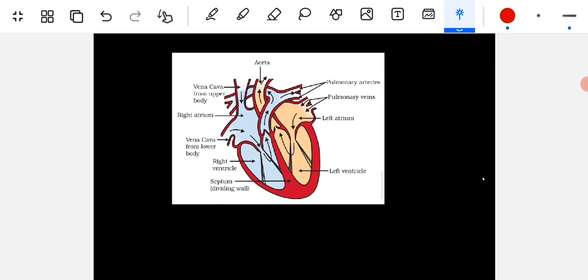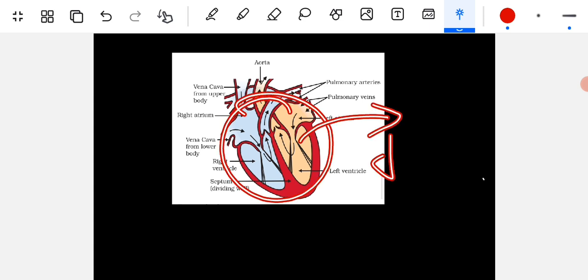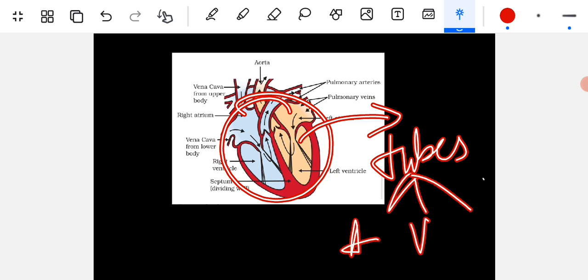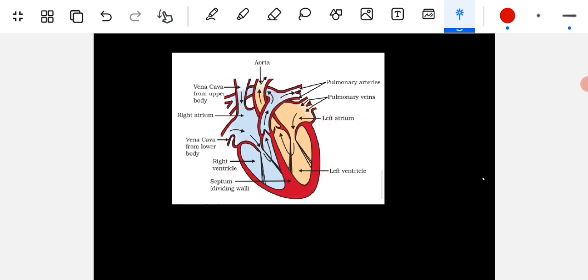So this is our heart. The size of the heart is about that of our fist, and it is a muscular organ. The heart is divided into 4 chambers because the heart does not want mixing between oxygenated blood and deoxygenated blood. Just as the motor is connected to pipes in our home, the heart is connected to tubes. The tubes may be arteries, veins or capillaries, which we will learn further.